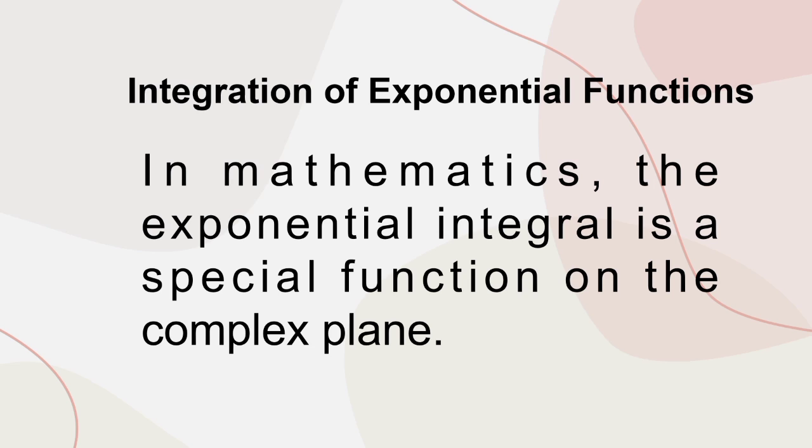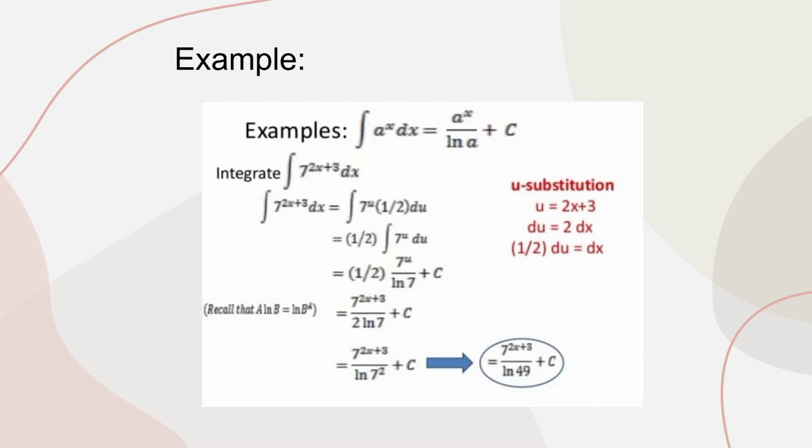So, for the next integration, it is exponential functions. In mathematics, the exponential integral is a special function on the complex plane. So, for example, the integral of a raised to x dx is equal to a raised to x all over ln a plus c.